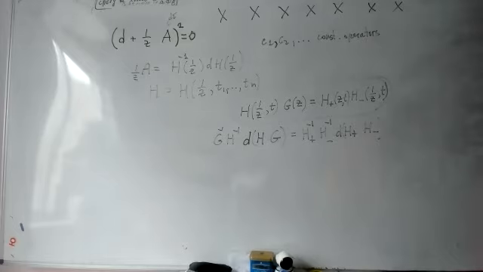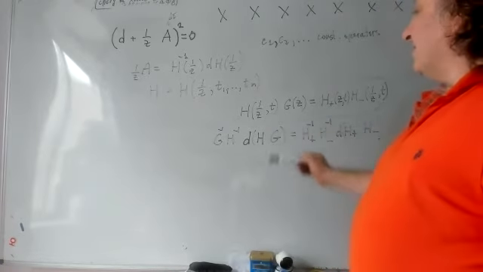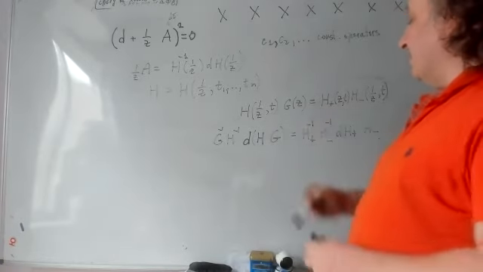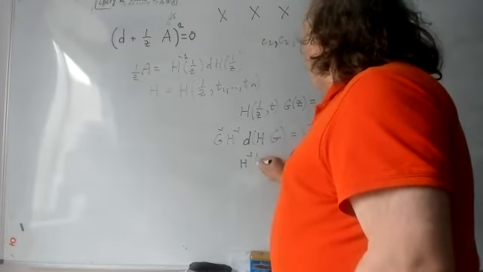So I need to compute a bit. On the left, I will use the fact that G is t independent. So on the left, I'll have H^{-1}dH.